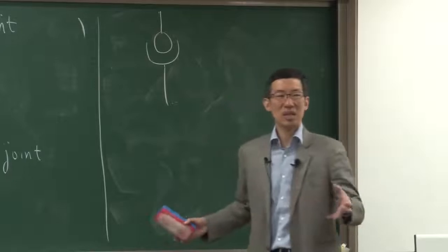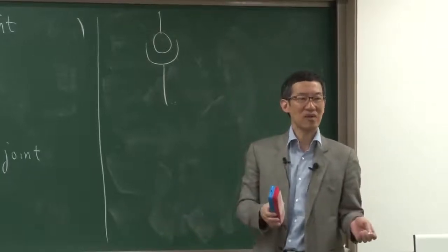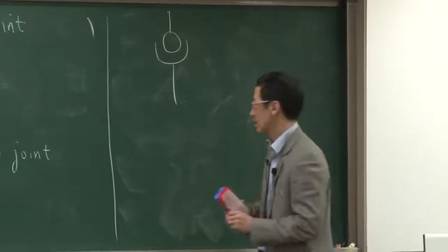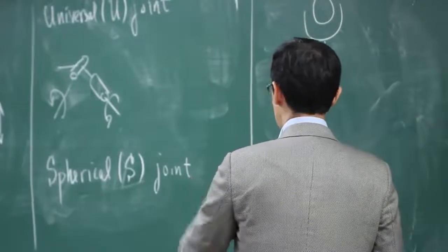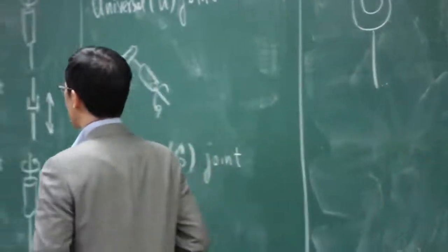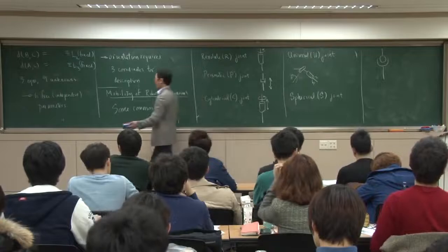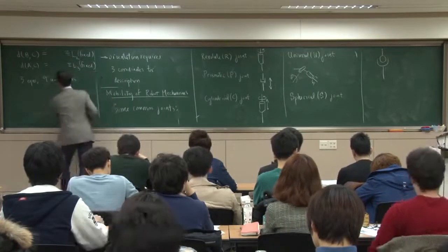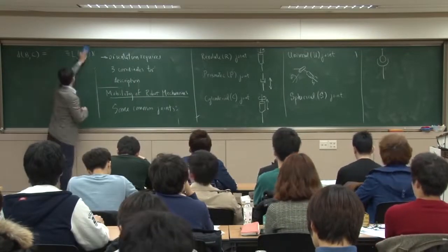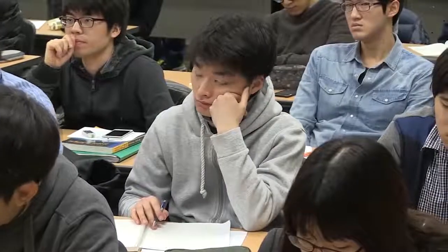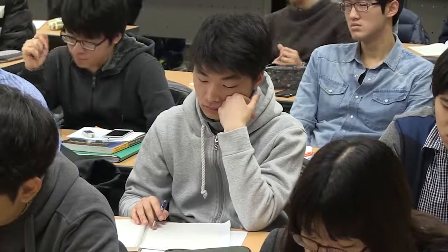Now we can also talk about the mobility or degrees of freedom of a joint. I don't want to make a big meal out of this, because it's intuitively pretty clear, I think, what we mean by the degrees of freedom of a joint.